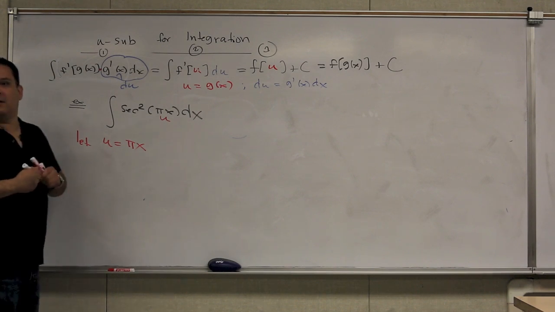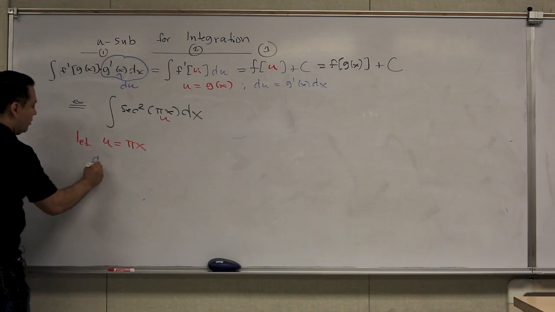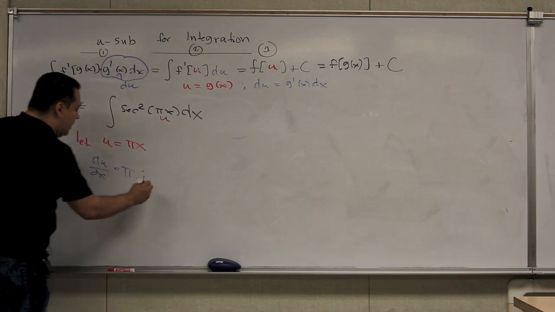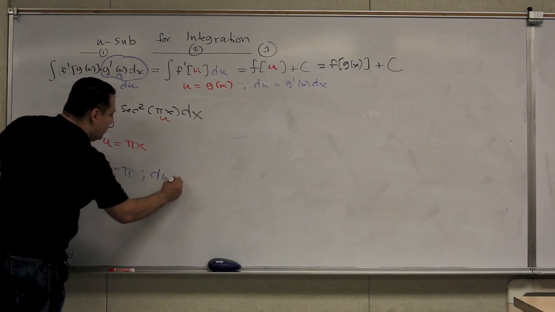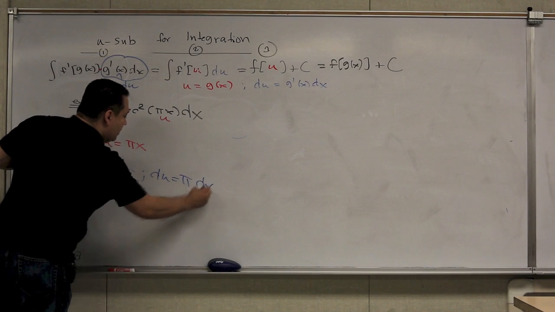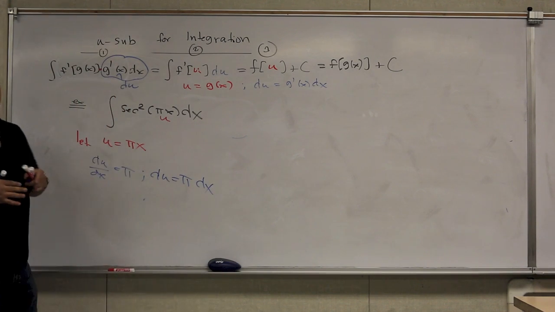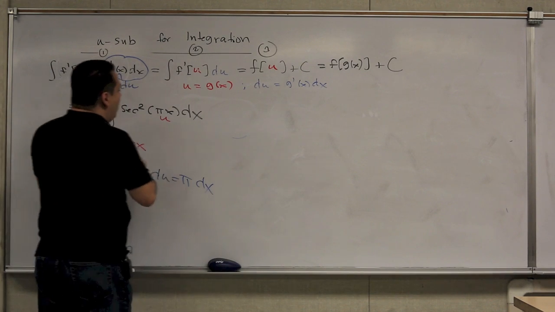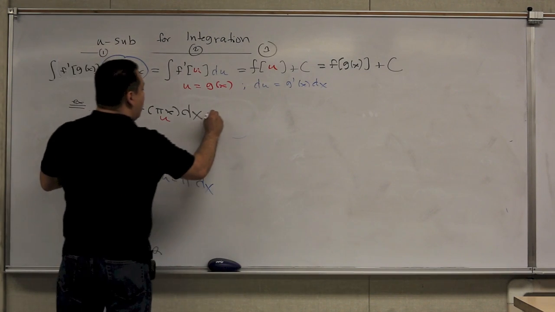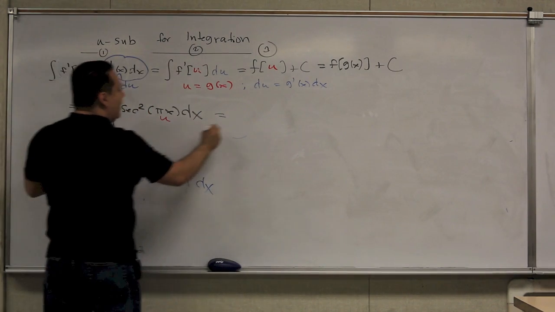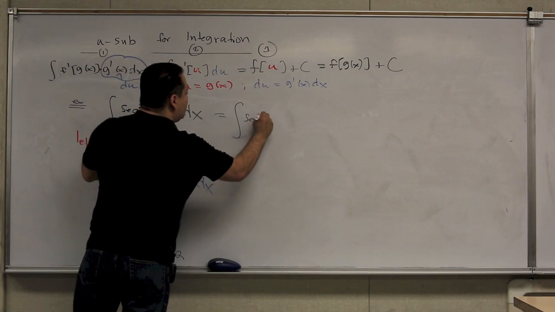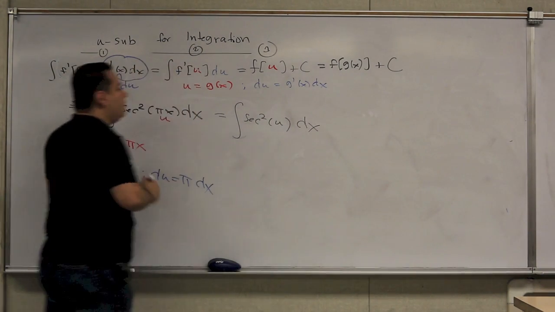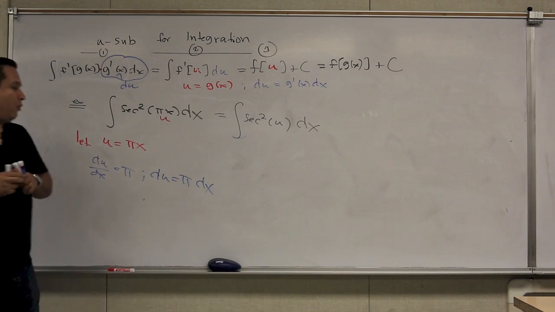What do we find again? We know du dx is pi, which means du is pi what? Dx. Let's go about it the way we've been doing it. And so you're going to say to me, oh, I have to integrate now, instead of secant squared pi x, secant squared u. Now there's a dx here. There's a problem.